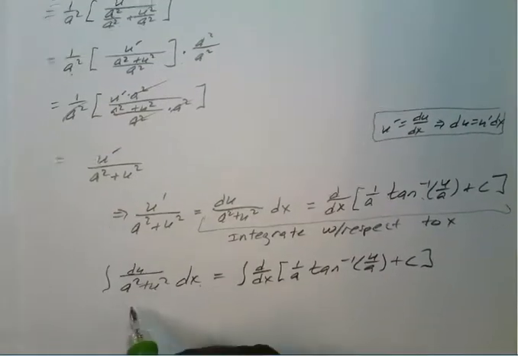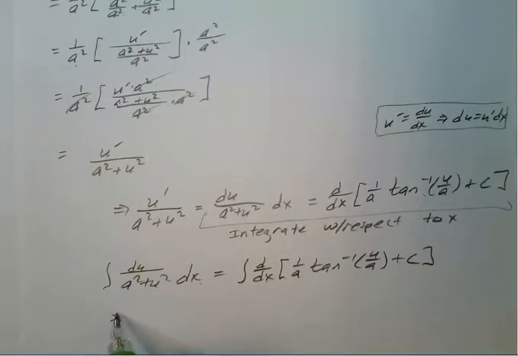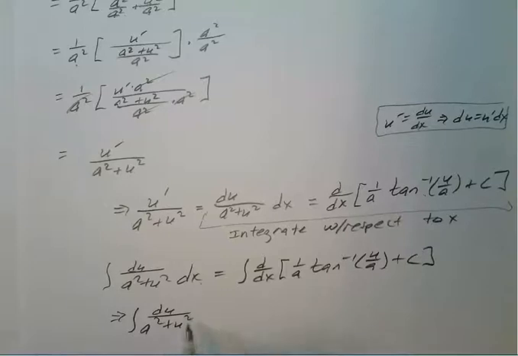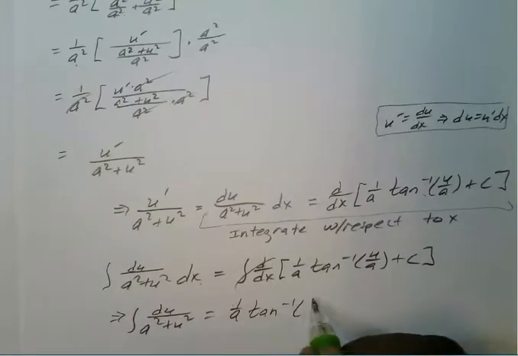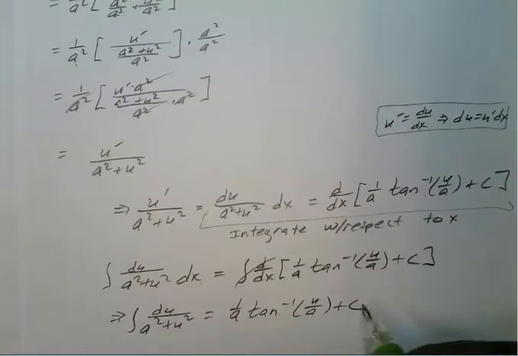So actually we end up with the integral of du over a squared plus u squared is equal to 1 over a tangent inverse of u over a plus c.